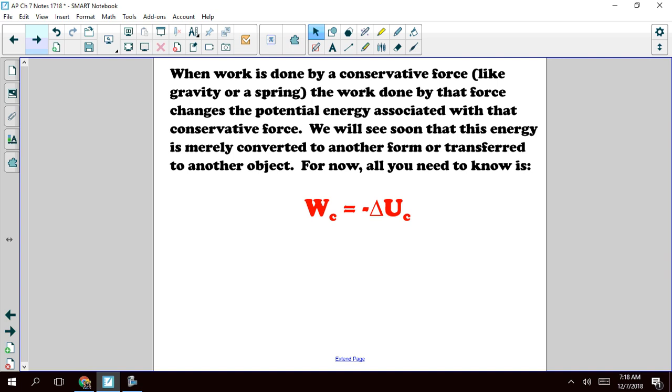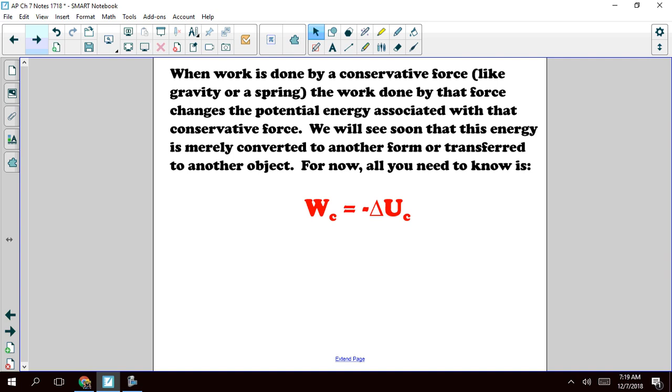Okay, so it turns out that when work is done by a conservative force, like gravity or by a spring, the work done by that force changes the potential energy associated with that conservative force. So in other words, when gravity does work, you're changing the gravitational potential energy. When an elastic thing, a spring, does work, you're changing the elastic potential energy.